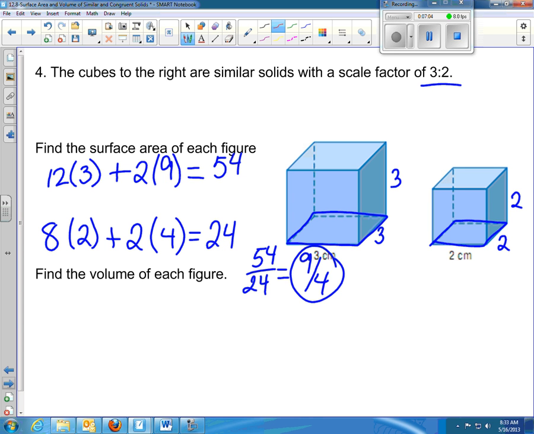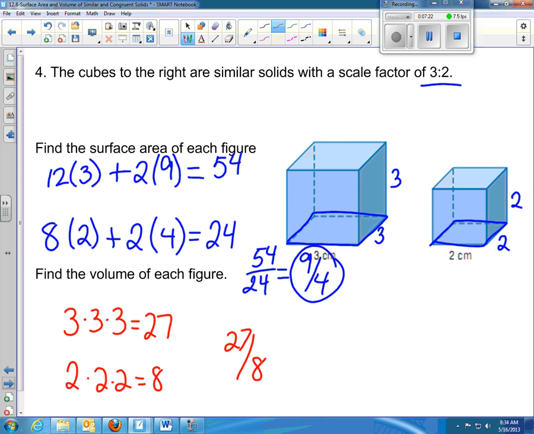Okay, so in our large cube, the sides are 3, and it's going to be 3 times 3 times 3, and we get 27. And in our small figure, it's 2 times 2 times 2, so we get 8. Again, I want to just set up 27 over 8. Can we reduce that at all? Nope. So this is our ratio of our volumes.